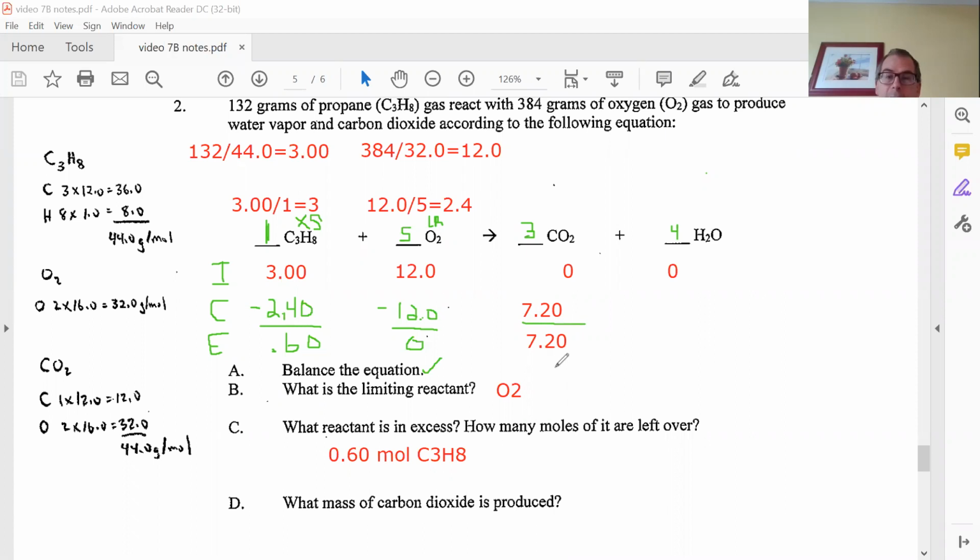So this, just a reminder, this number was what we use for the excess. And then this number is going to be, now be careful, this is going to go down here, but that's moles. So I have 7.2 moles of CO2, but I got to multiply that by the molar mass, which by coincidence just so happens to be 44 grams, just like the C3H8.